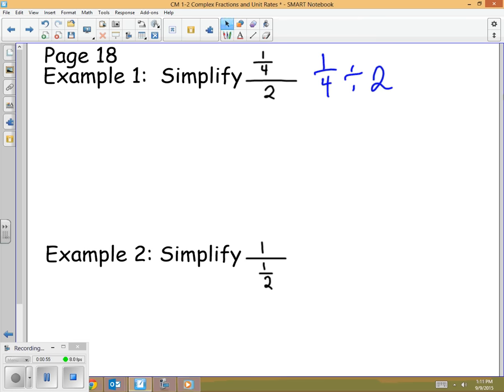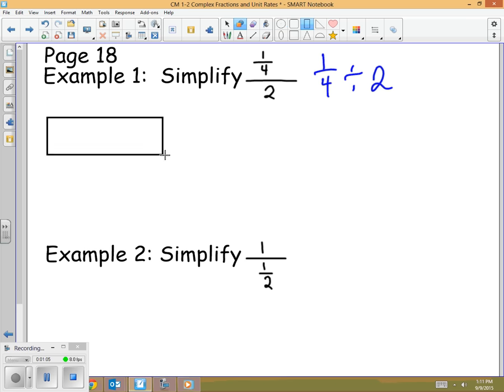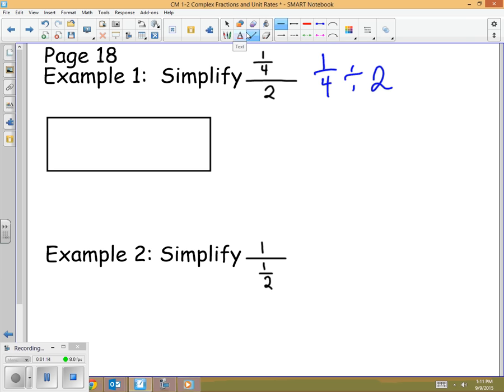Now, in order to understand this problem better, I'm going to start by drawing a picture. Imagine you have a candy bar. This rectangle that I draw will represent a candy bar. And imagine you're sharing this candy bar with 4 equal pieces.